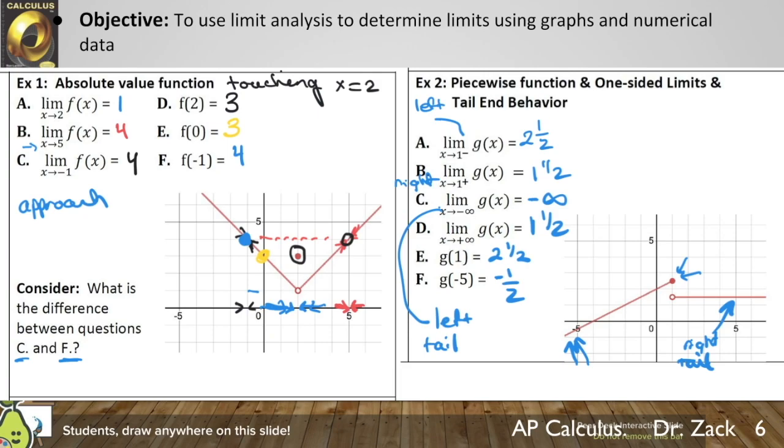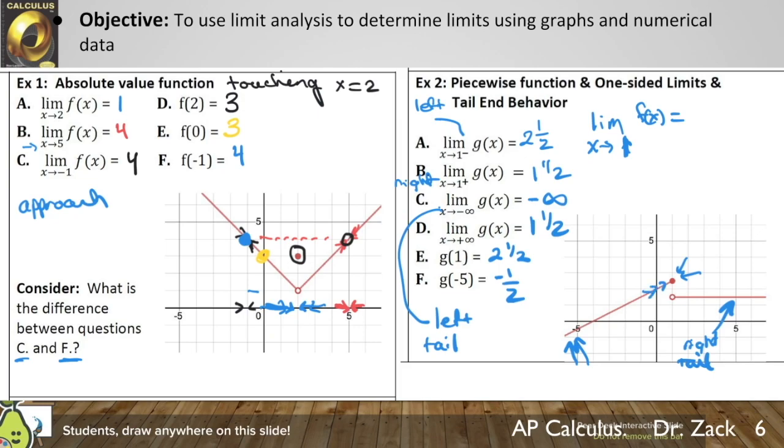All right, so one other thing I want to point out from this piecewise graph. Notice I didn't ask you for the limit as x approaches 1. Recall from what we did earlier, I have to put the f of x or it's wrong. If I'm approaching 1, that means I need to approach from the left side and the right side.